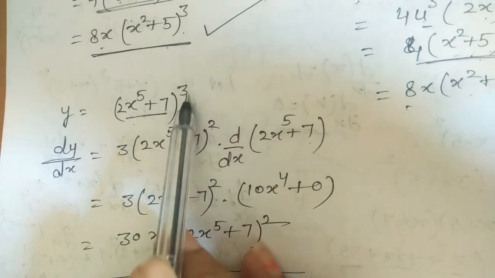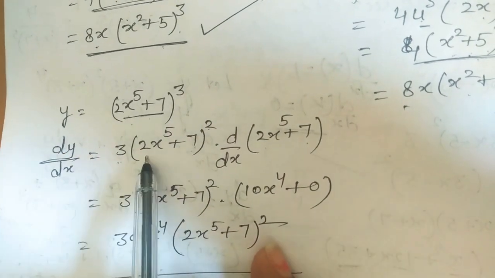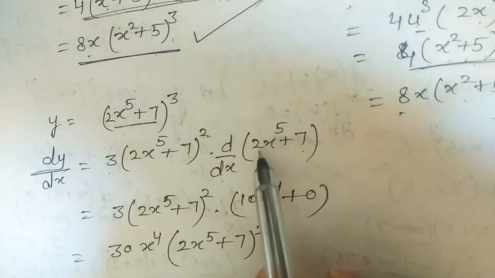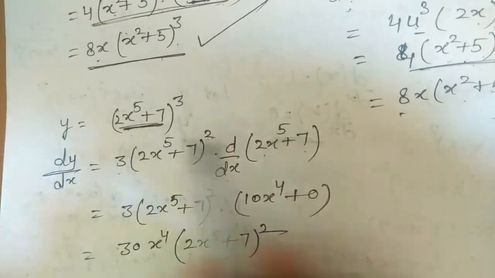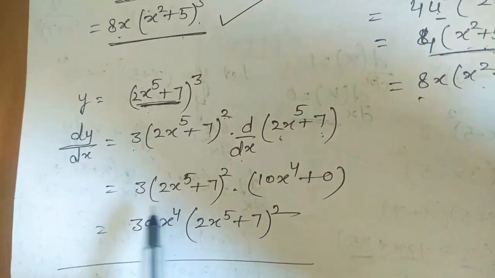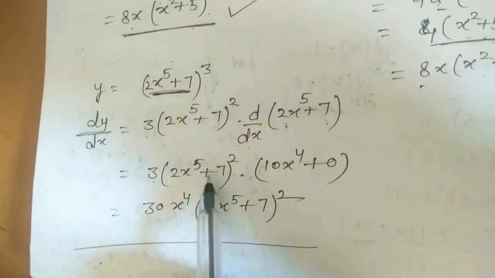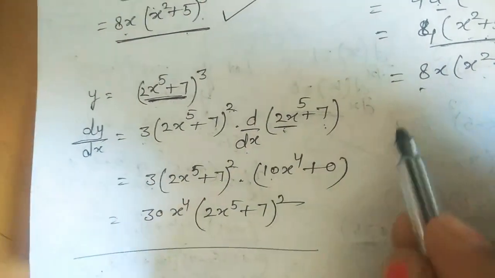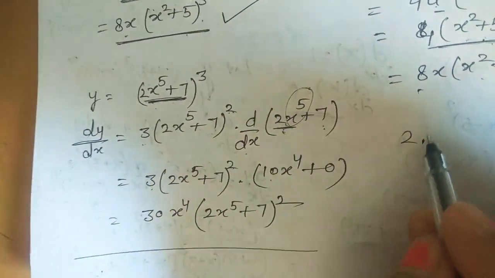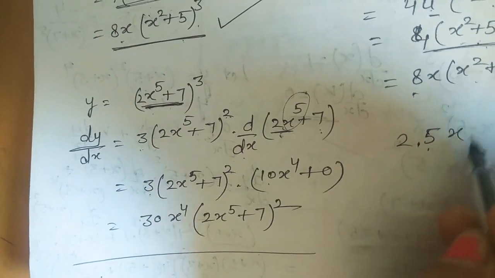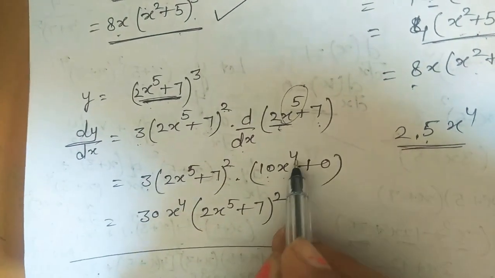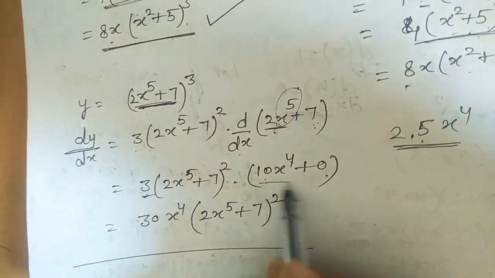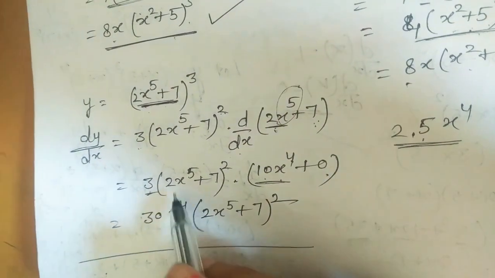The derivative of 2x power 5 is 2 into 5 into x power 4, so this is 10x power 4, and the derivative of 7 is 0. So what is the answer? 3 into 10, 30x power 4 into (2x power 5 plus 7) whole square.